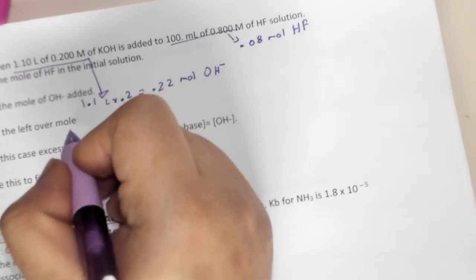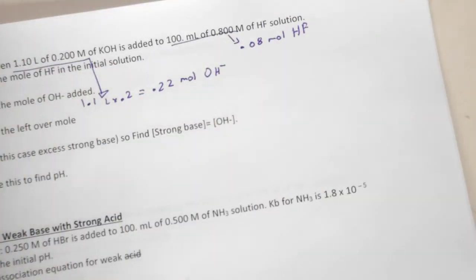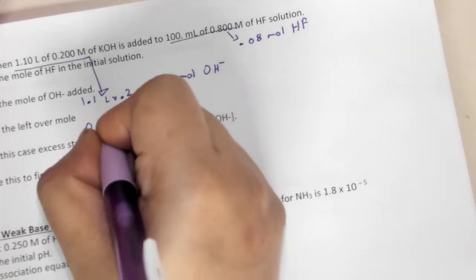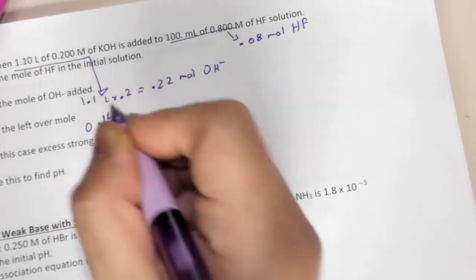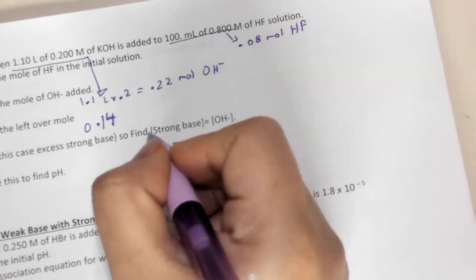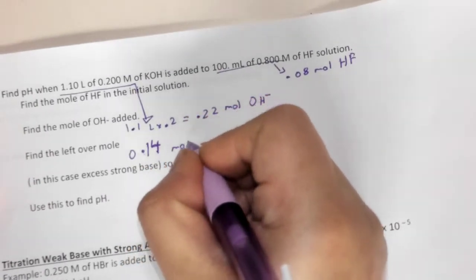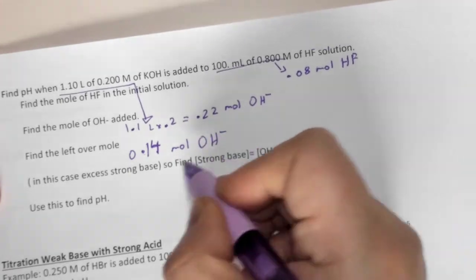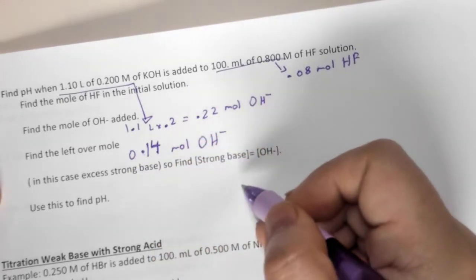We're going to figure out what is the leftover. So 0.22 minus 0.08, we're going to get 0.14. Okay, 0.14. This is going to be the leftover, whichever one is bigger. So in this case, OH minus. This is going to be where your base is.